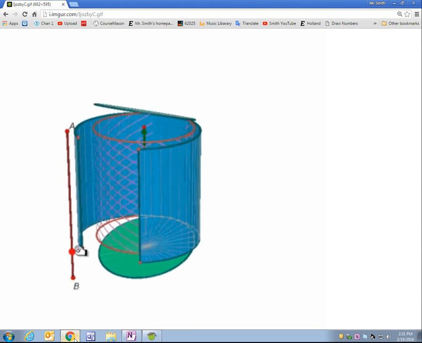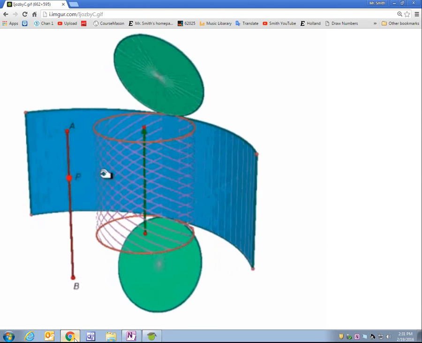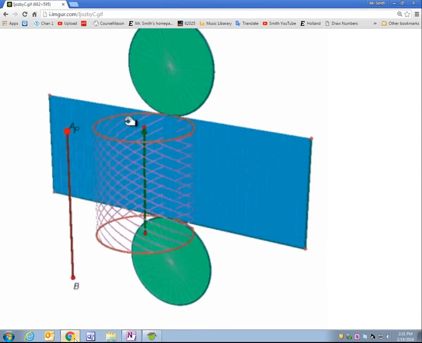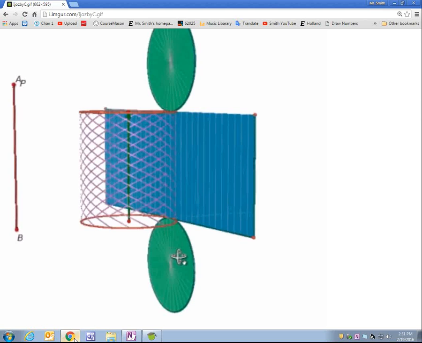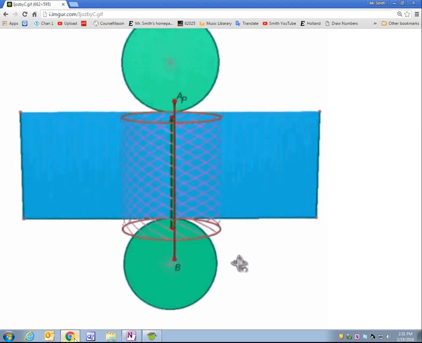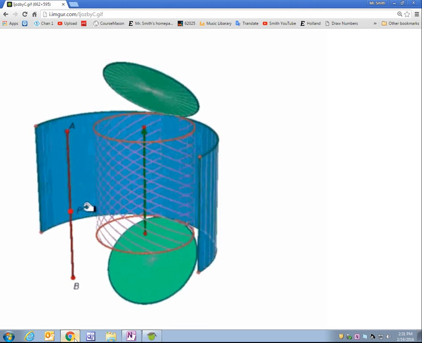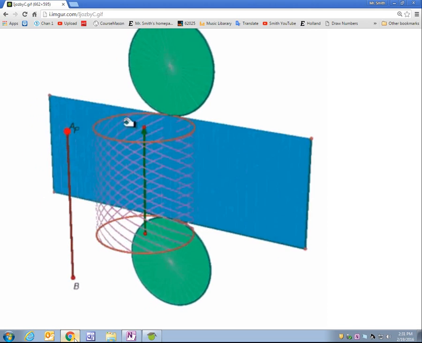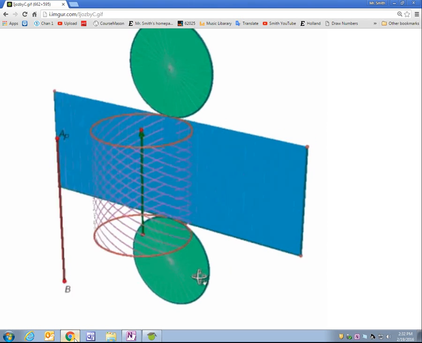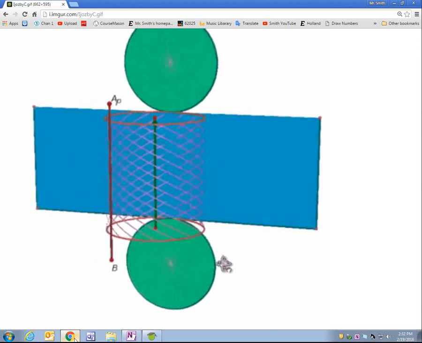Now look at that green line. Does that have anything to do with the circle? Nope, it has nothing to do with the circle. See how it's in the very middle of that circle?